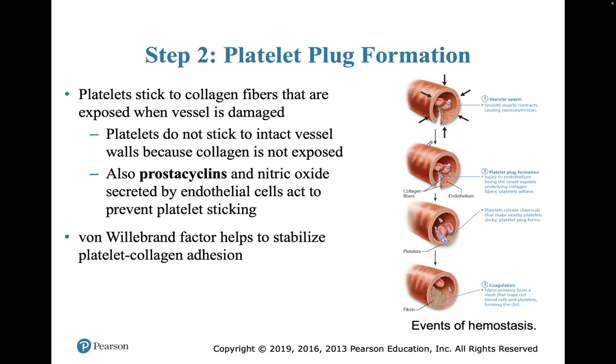Collagen is the tissue that seals the gap, and platelets then pile on top of it. So platelets are not active immediately, so that the collagen fibers are ready. When that happens, the platelets come into that area.